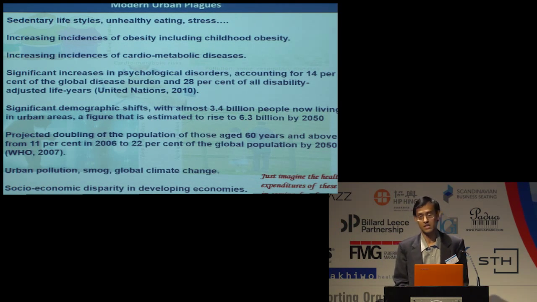Then you have significant demographic shifts from the rural to the urban, 6.3 billion by 2050, and a doubling of the population of older adults, especially in developed economies. And in developing economies, we have the problems of pollution, smog, global climate change, and socioeconomic disparity. Just imagine the health costs of all these challenges.